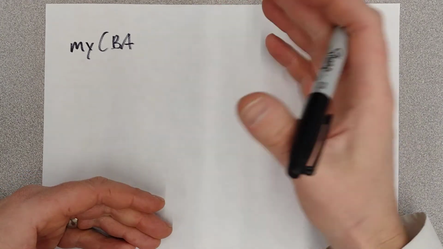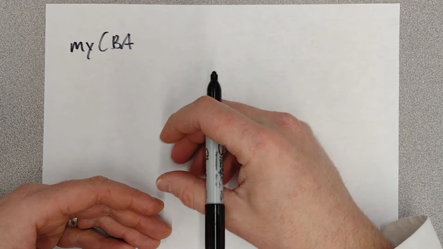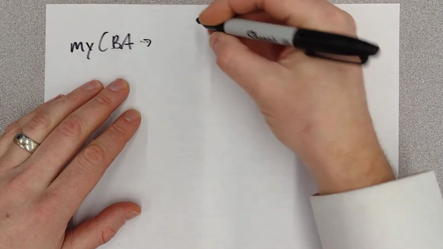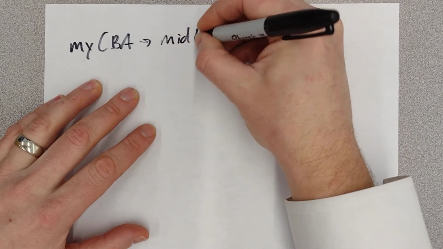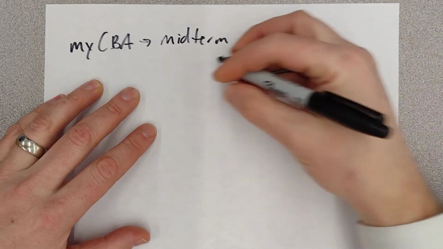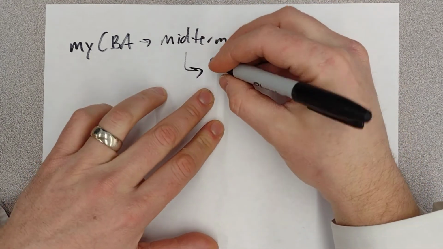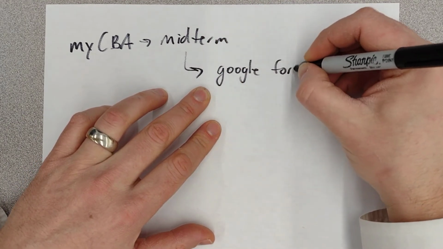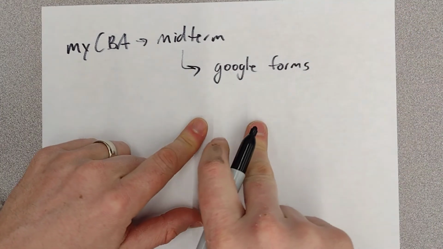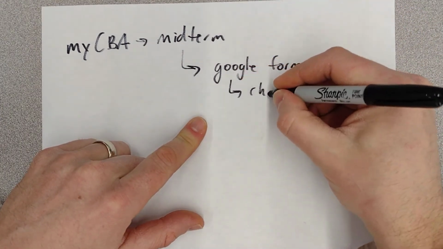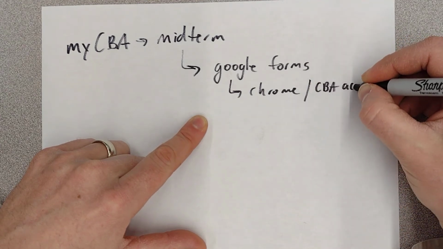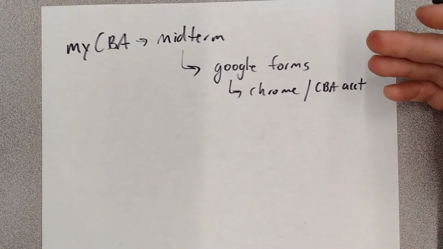So you're going to go to My CBA, the midterm, and then you're going to get knocked out to Google Forms. So make sure you're in Chrome, on your CBA account, so you can see the problems.